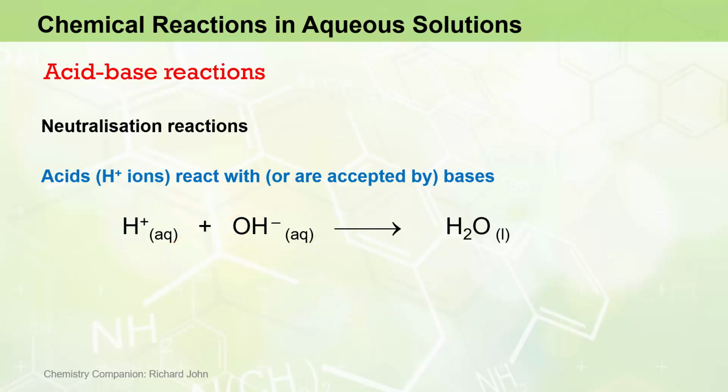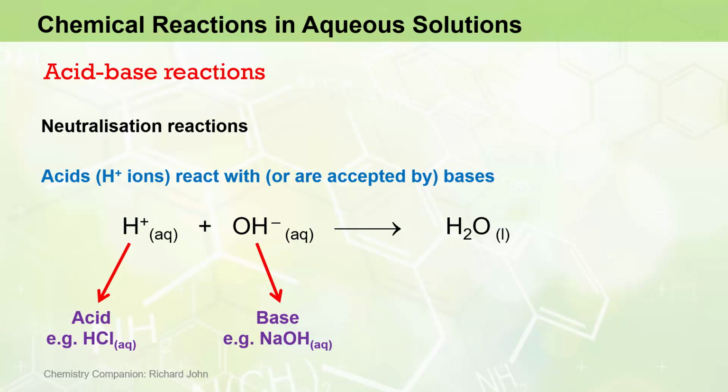So the source of the H+ ions is always delivered from an acid, for example, hydrochloric acid, HCl, and the source of hydroxide ions is derived from a base, for example, a solution of sodium hydroxide, NaOH.